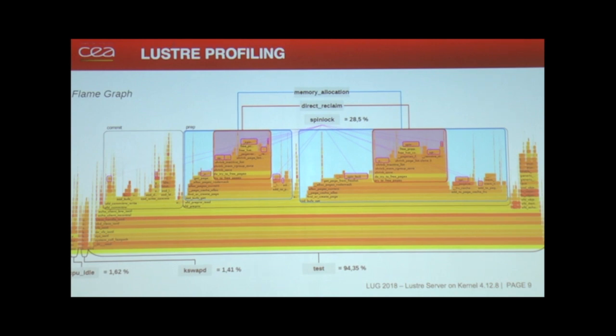The main problem is that when you count the number of spin locks we have, we are close to 13% of spin lock on this same graph. So here we can see that it's too important because spin lock is very time expensive.